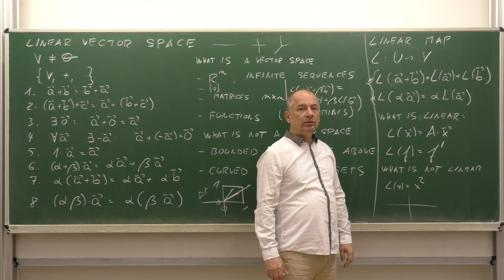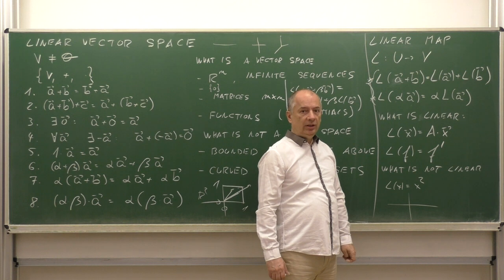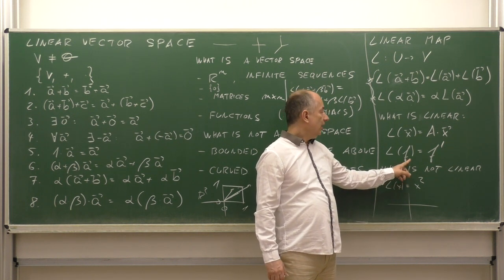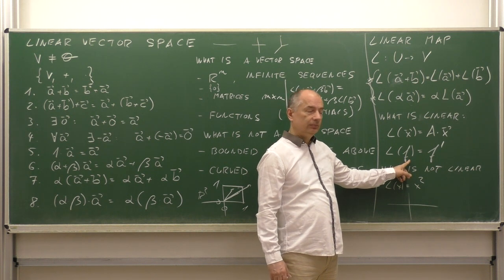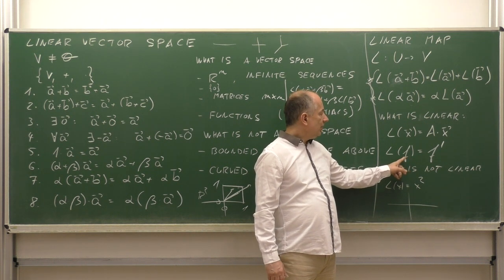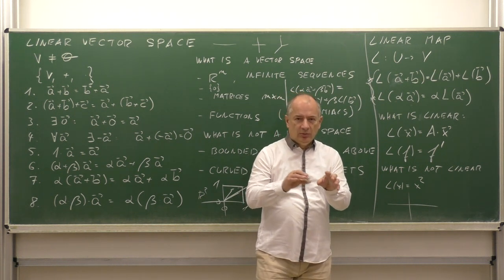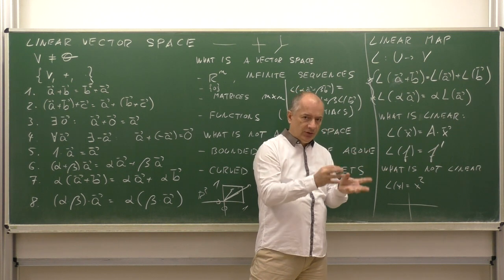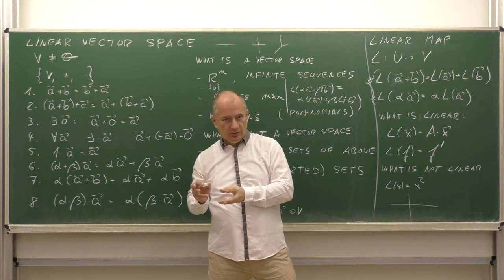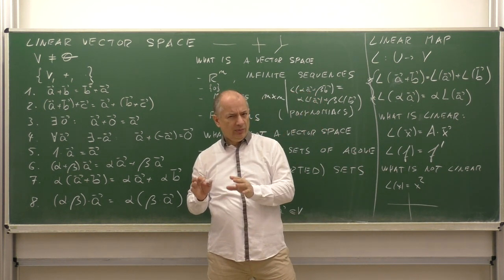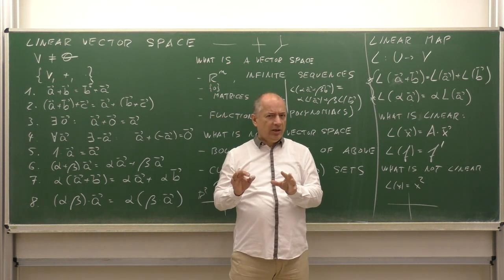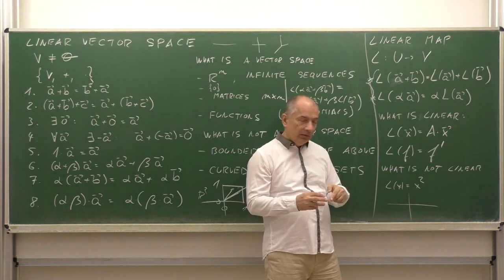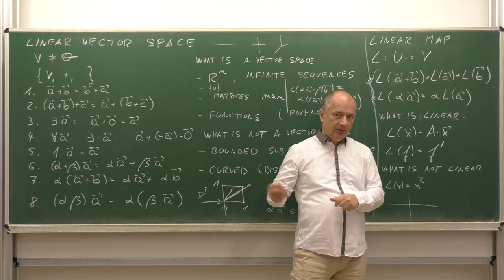A very important example of a linear map in infinite dimensional spaces is the derivative. And this is a map not from numbers to numbers, not from n-tuples to n-tuples, but a map from a set of functions into a set of functions. We haven't worked with this kind of map yet. A function is the argument, and another function is the result.